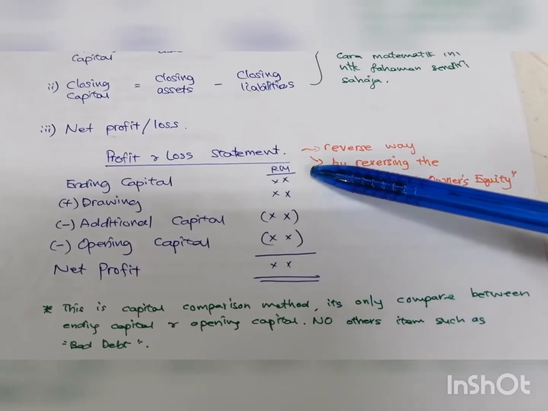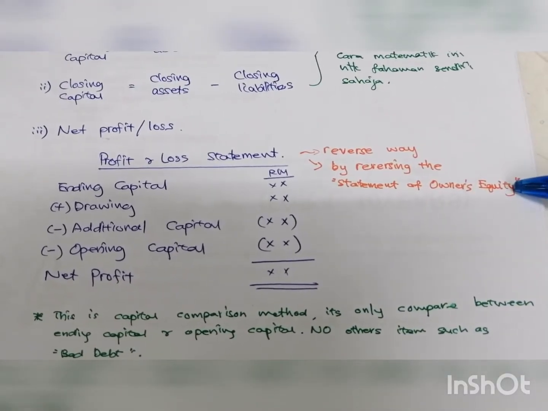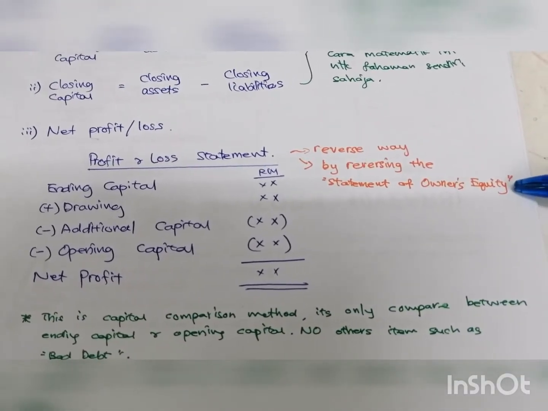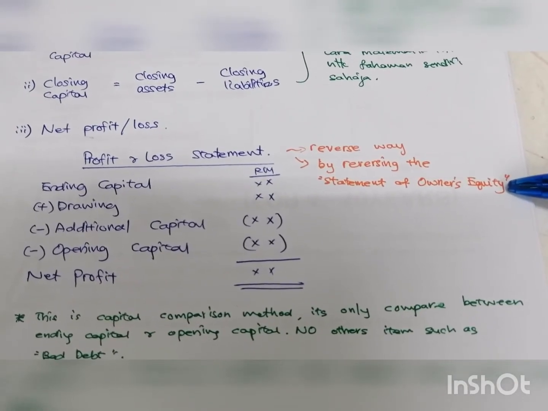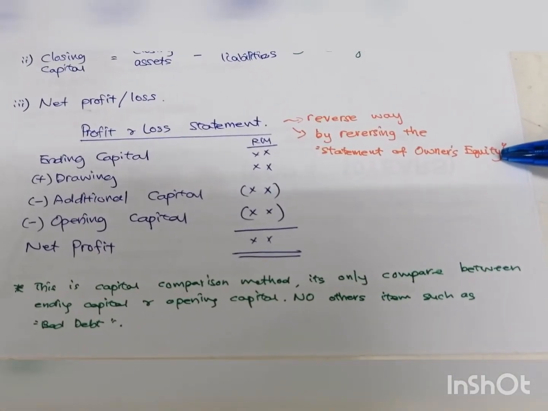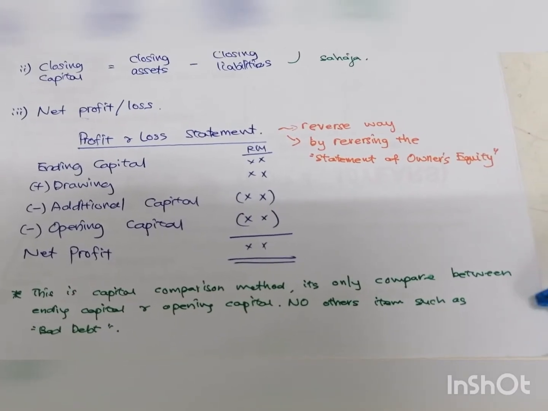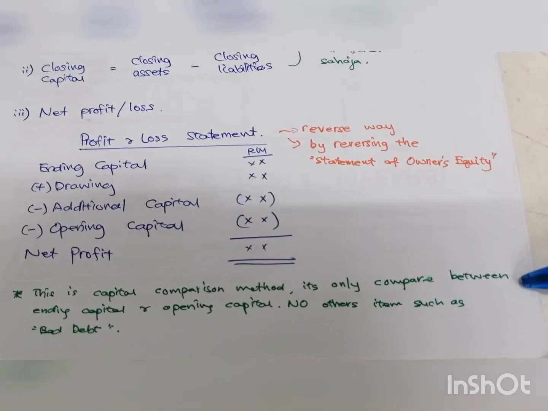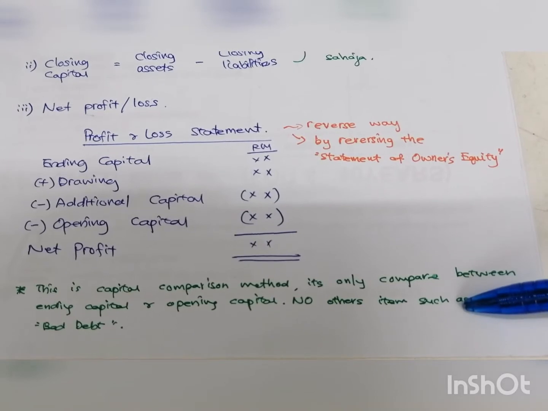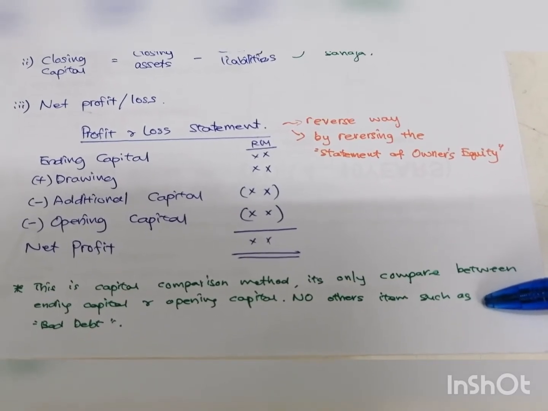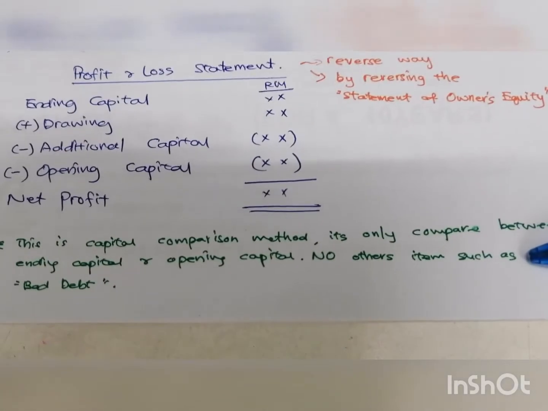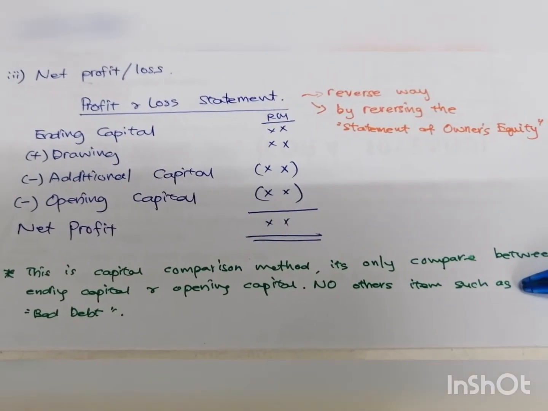Actually this one is the reversing of the statement of owner's equity. So remember this one. In this capital comparison method, it only compares between the ending capital and opening capital. No other items such as bad debt.